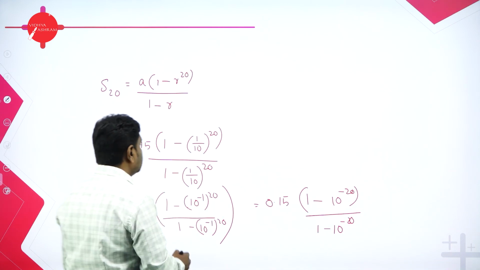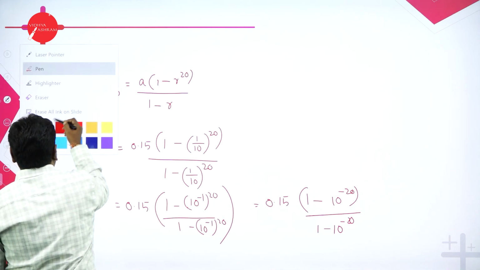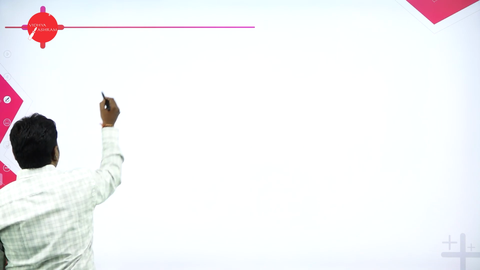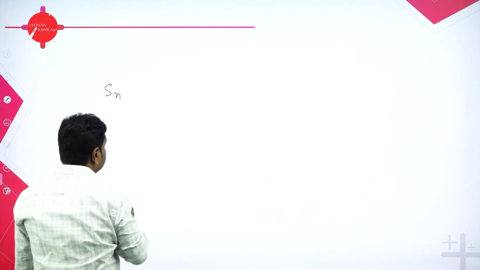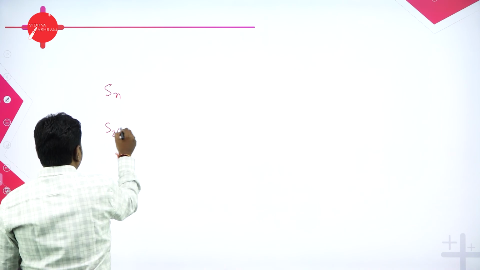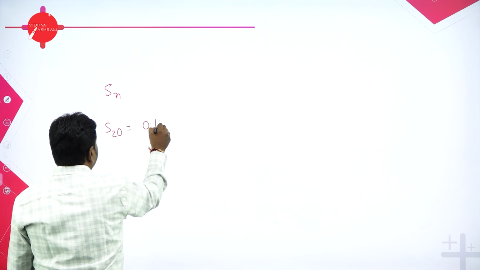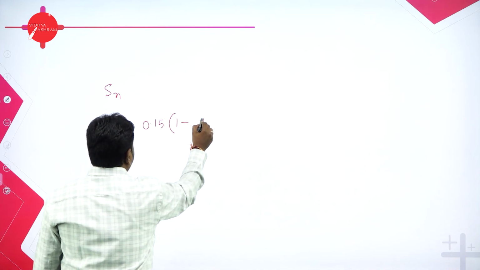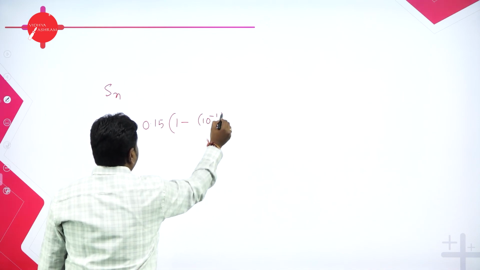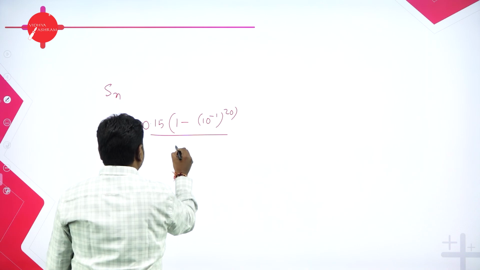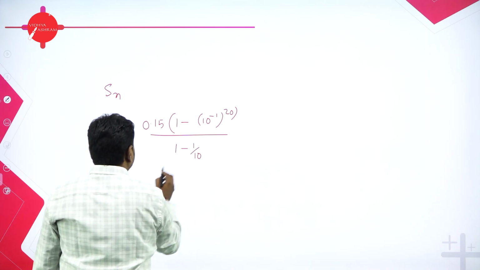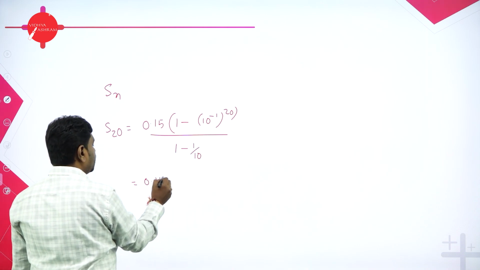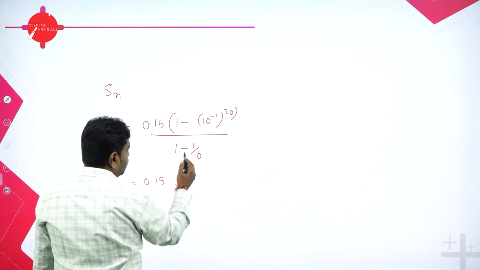Simplify this. That is, S20, the sum of 20 terms, is equal to 0.15 into 1 minus 10 power minus 20, divided by 1 minus 1 by 10. You know 1 minus 1 by 10 is 9 by 10, or 1 minus 0.9.